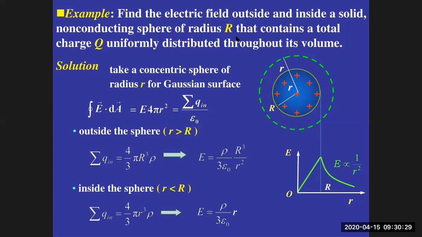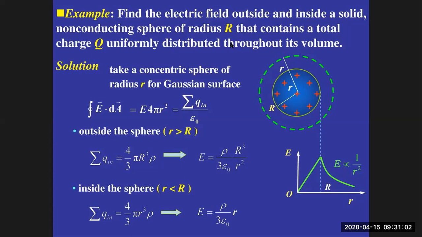In case of a conducting solid sphere, whatever charge you give onto the surface of the conductor will be distributed over the surface only, and inside the conducting solid sphere the electric field will be 0. But in case of a non-conducting solid sphere, when you give the charge Q over it, it will be distributed throughout the volume of this non-conducting sphere.